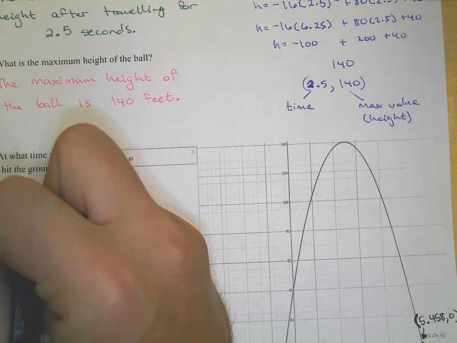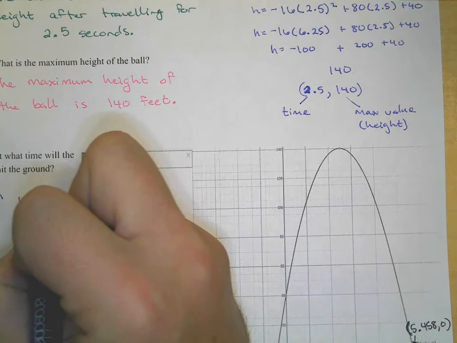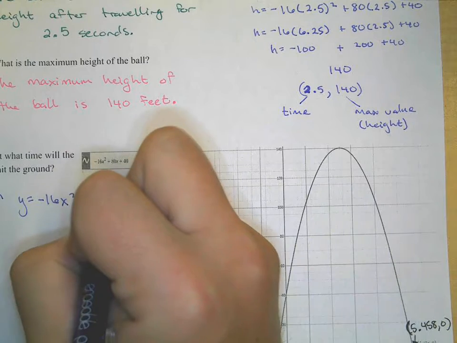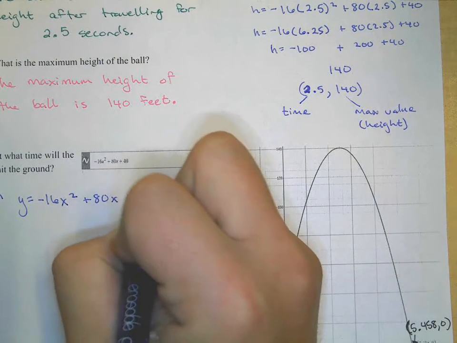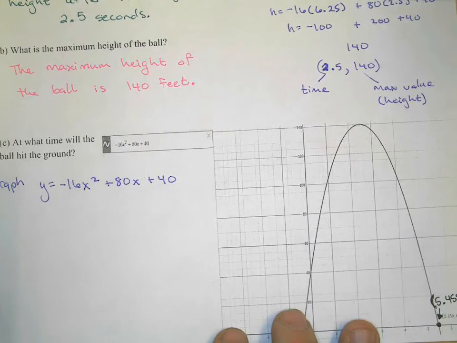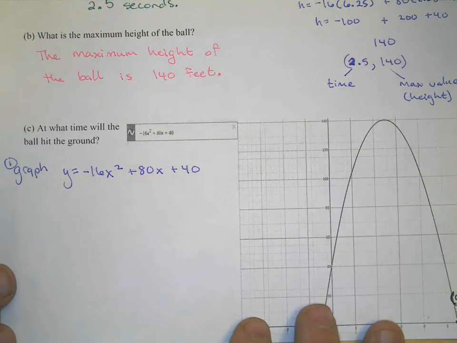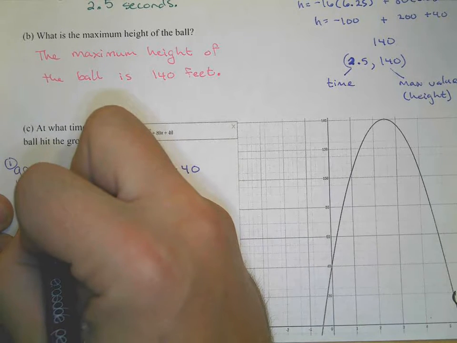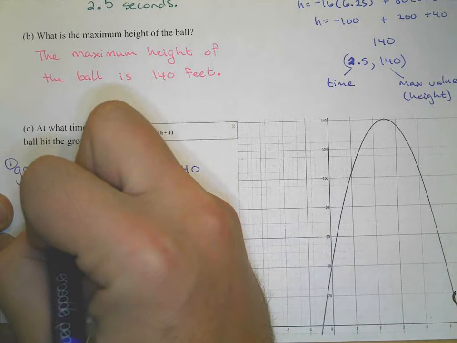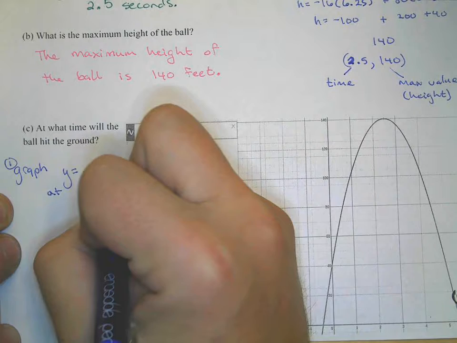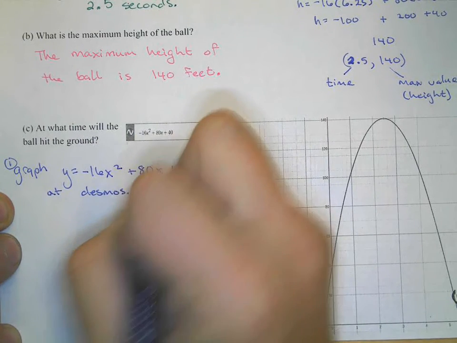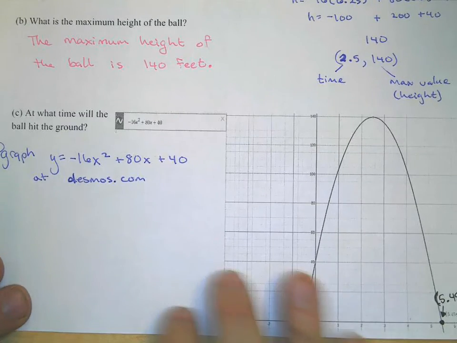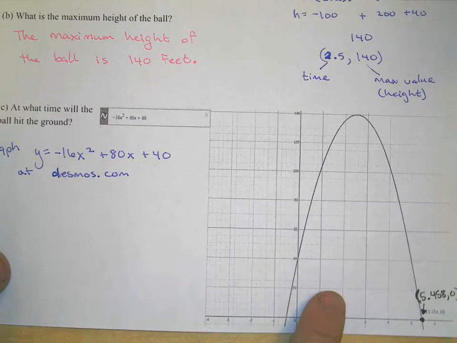So we'll switch it to y equals negative 16x squared plus 80x plus 40. So we're going to want to type this into Desmos.com. So graph this at Desmos.com. When you graph this, you'll get this picture.